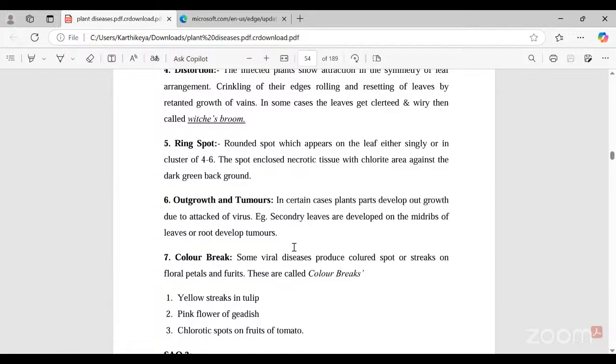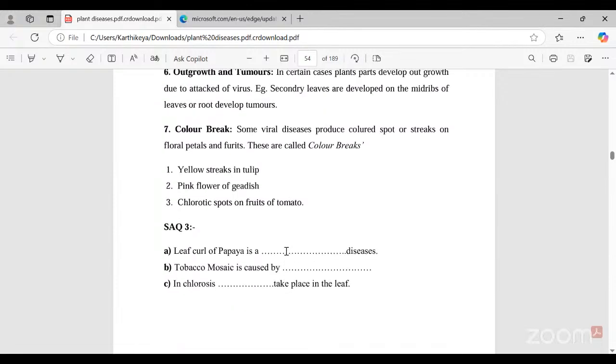Next one, color break. Some viral diseases produce colored spots and streaks on floral petals and fruits. This is called color break. Here, yellow streak in tulip, where the tulip has yellow streaks on its petals.